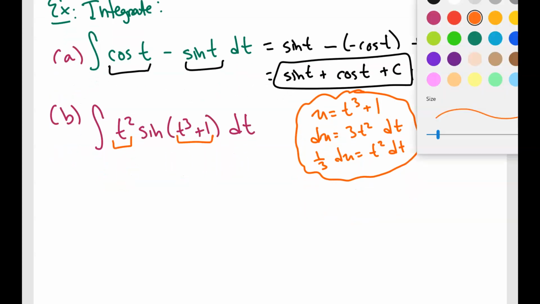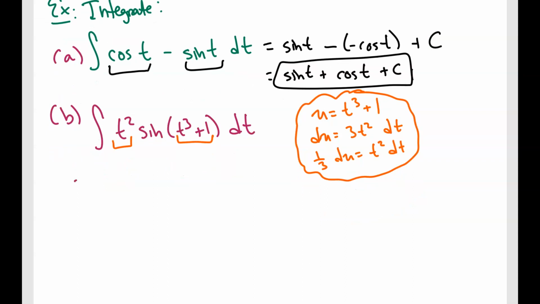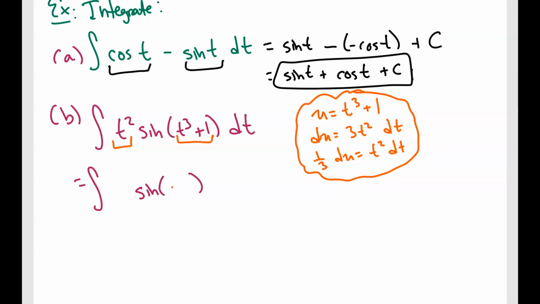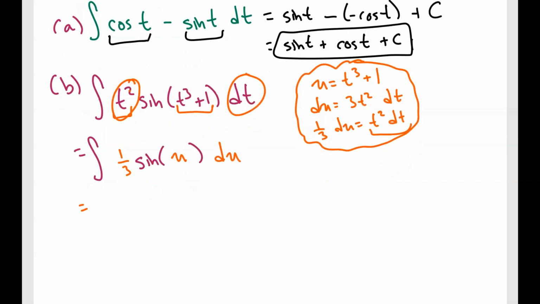What I'm going to have is the integral of sine of the inside function, which in this case is u, then you have this t squared dt, which is equal to 1/3 du. So I'm going to take the 1/3 out, and I'm going to have the integral of sine of u du.